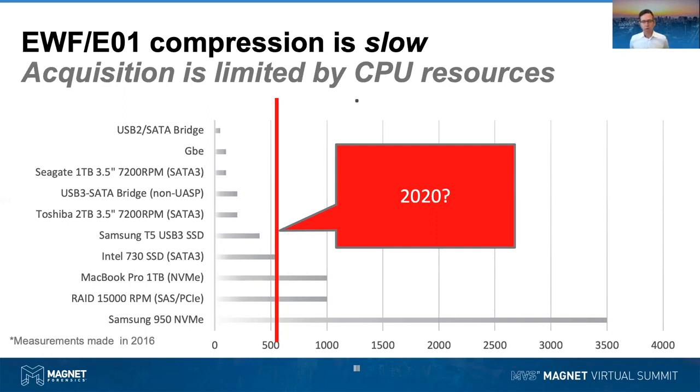The really old spinning SATA disks are only going to about 100 megabytes a second, as are some of the newer generation shingled magnetic recording ones. CPU isn't really that much of a limitation for those, but where it really starts to hit is when you're dealing with SSDs, RAIDs, and more importantly, NVMe drives, which are going in the thousands of megabytes a second range.